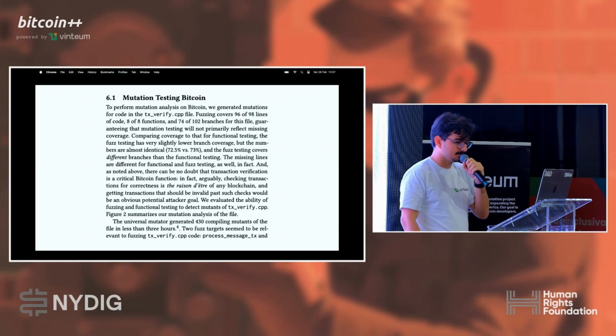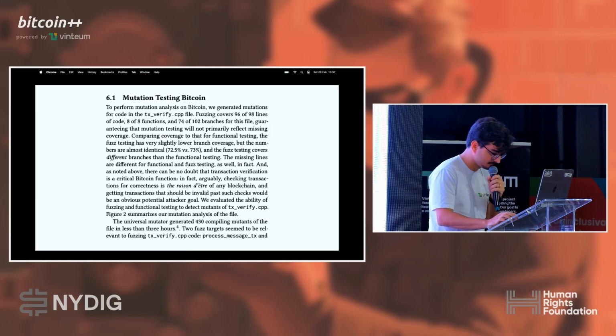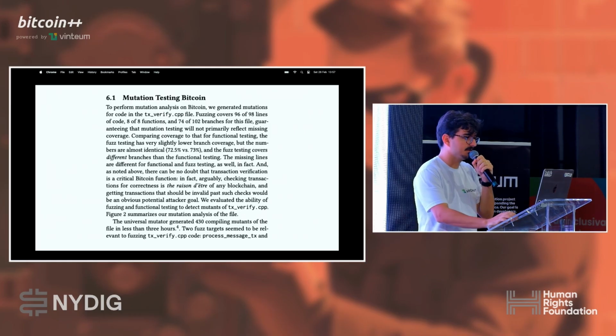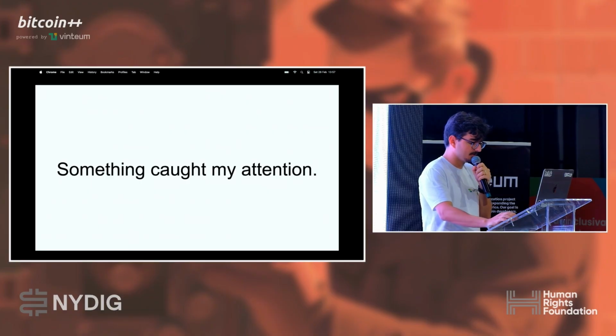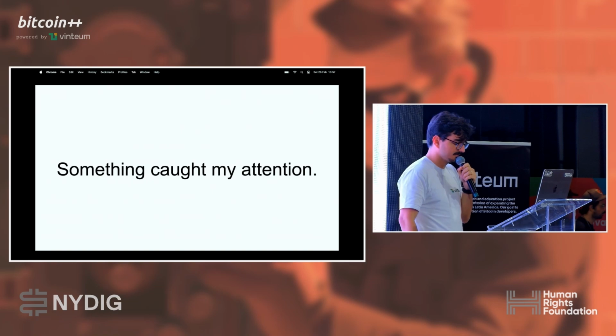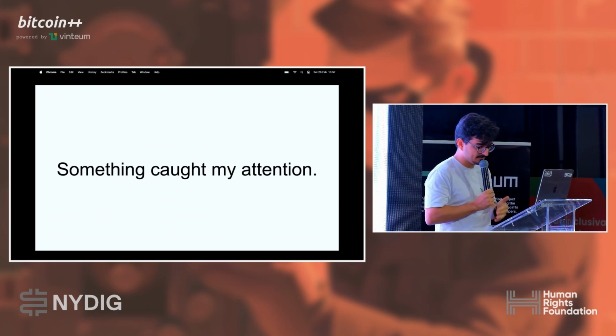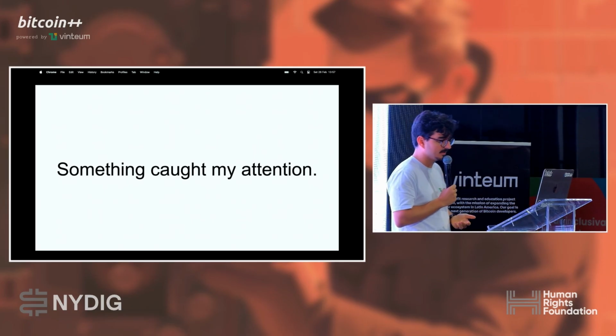And I was reading this paper, and there's something that really got my attention. This paper is about finding lacunae in Bitcoin Core's fuzz testing. And reading it again, there's something that really got my attention.